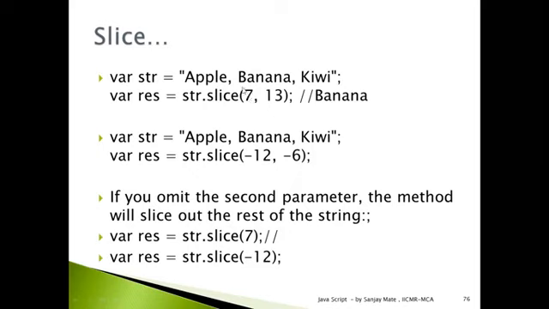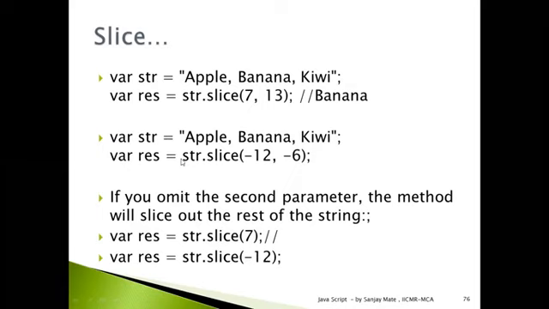The 7th position is B, and the 13th position is comma, so before 13 is A. It will return banana. Always remember that the 13th position is excluded from the string. So it will read B-A-N-A-N-A, banana.